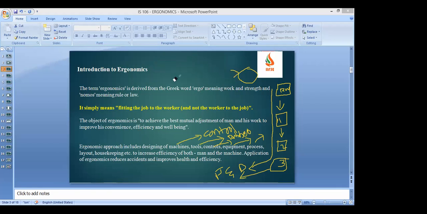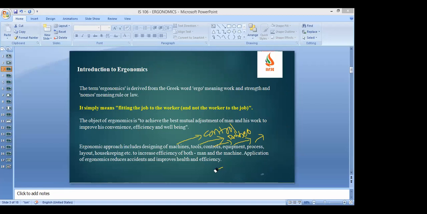So whenever you are applying these ergonomic principles, what will happen? It will reduce the accidents. So how are these accidents linked with ergonomics?